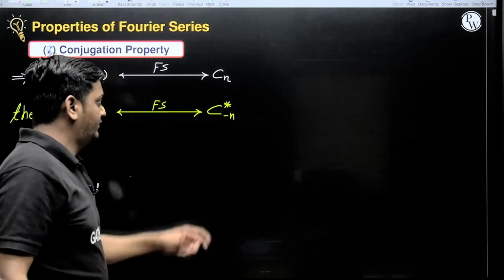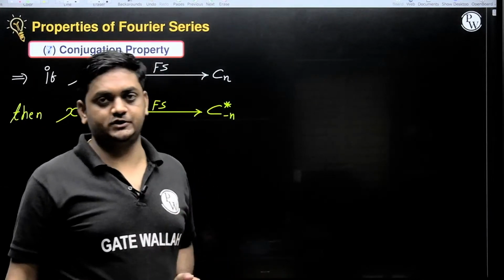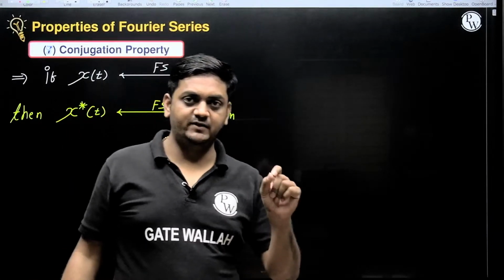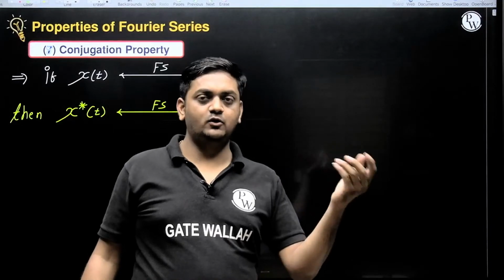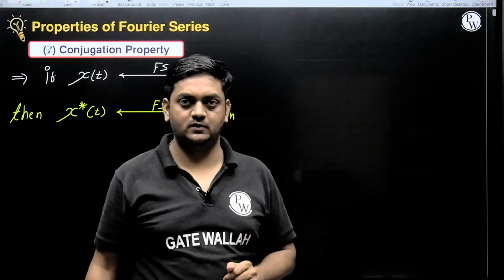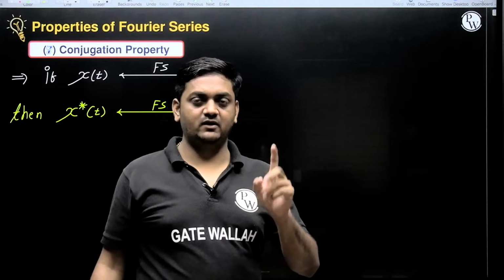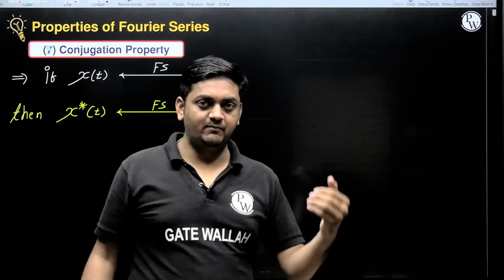Remember this: first replace n with minus n everywhere, and then do the conjugation operation.